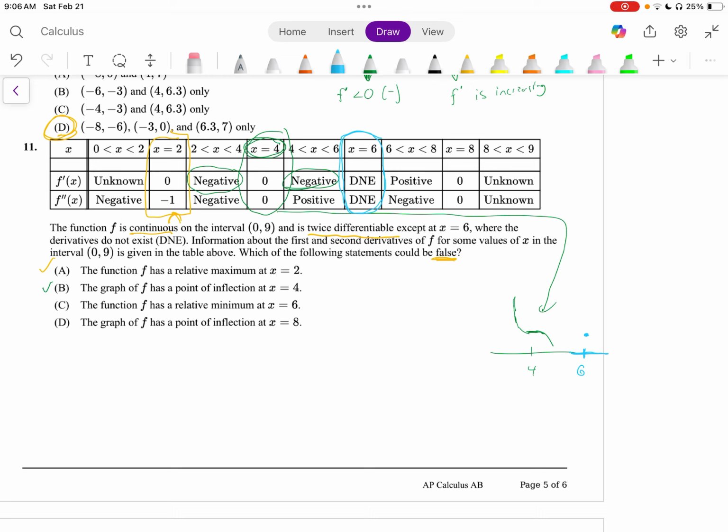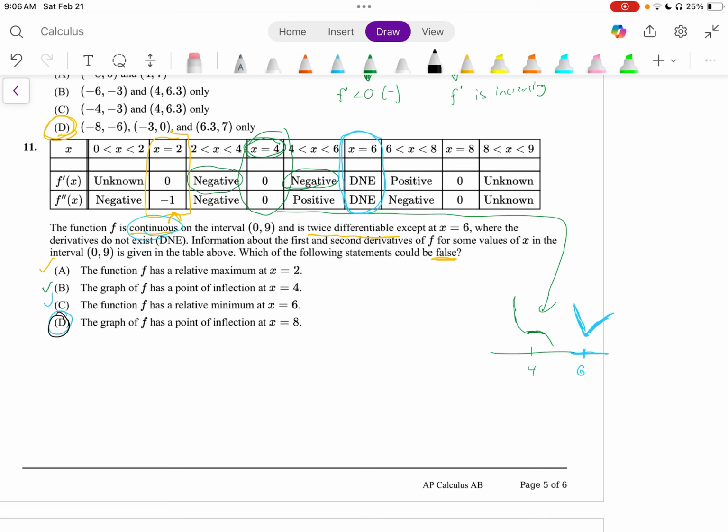To the left is negative. To the right is positive. It is continuous, so that is a minimum, so that one is true as well. Let's go ahead and check the rest.